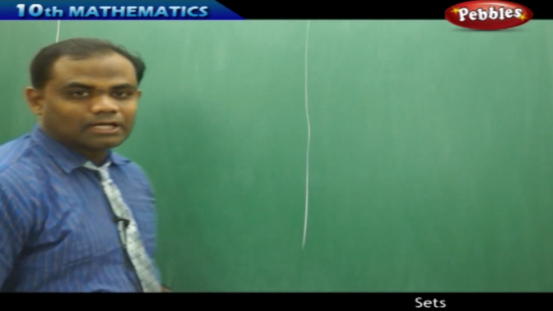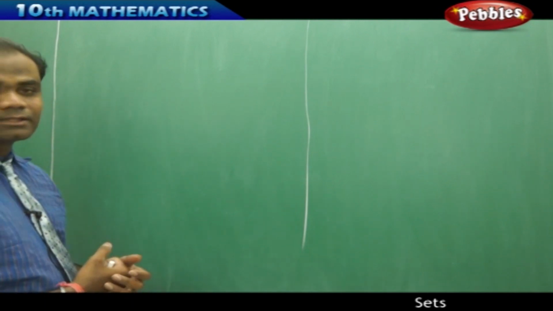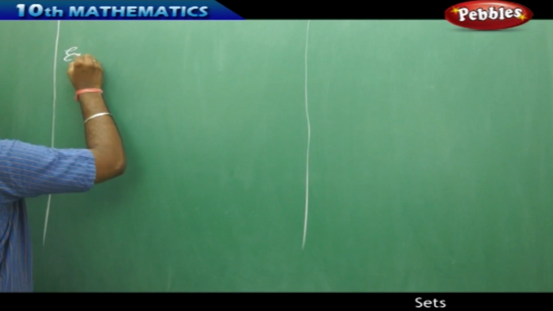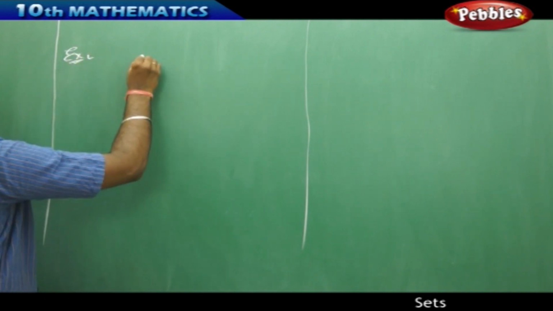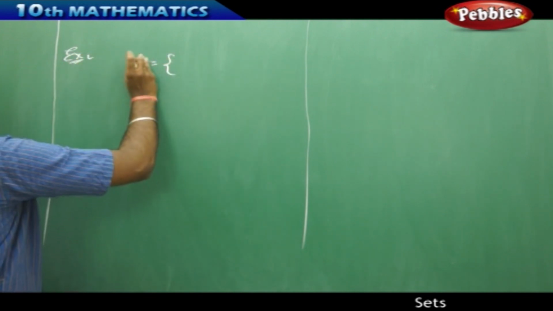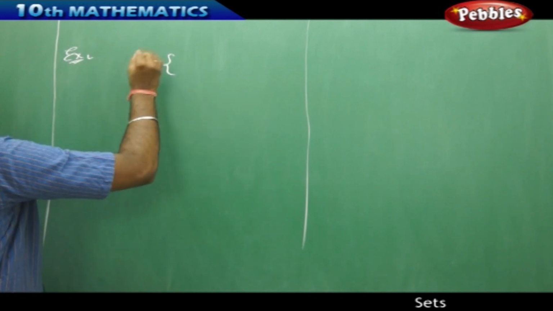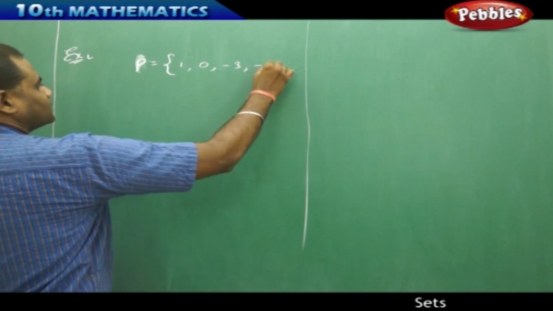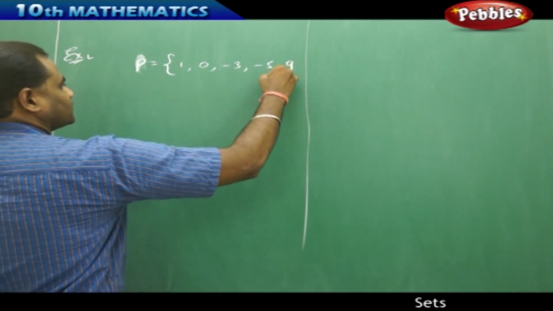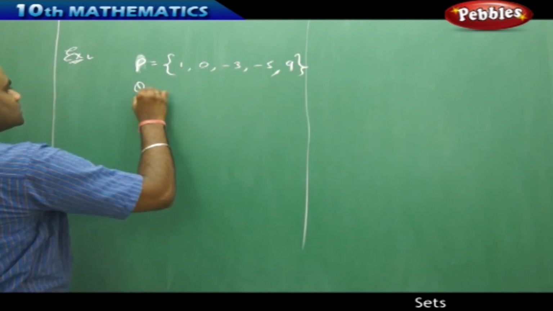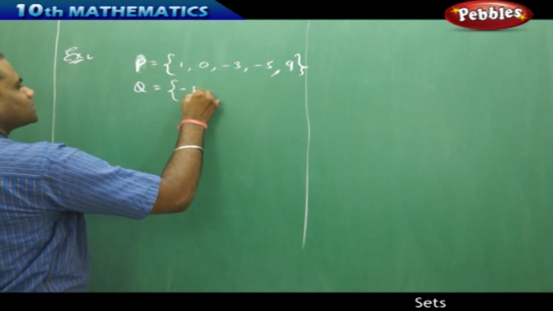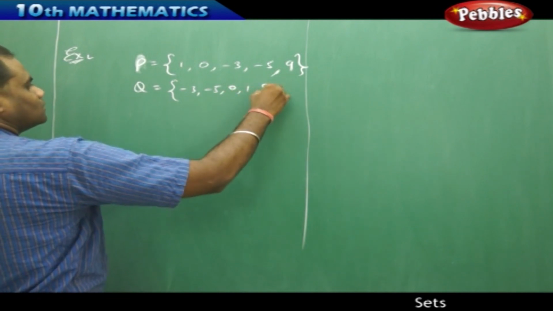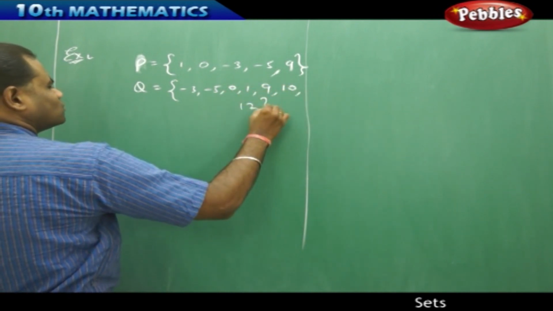So let's see an example problem of identifying the subset. Say for example, I have set A, or I take set P to be 1, 0, minus 3, minus 5, 9, and then the set Q minus 3, minus 5, 0, 1, 9, 10, 12.